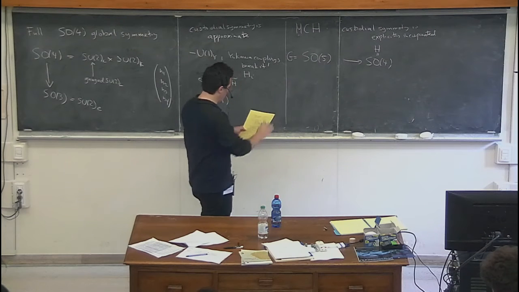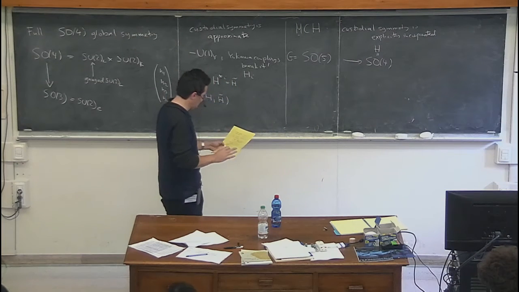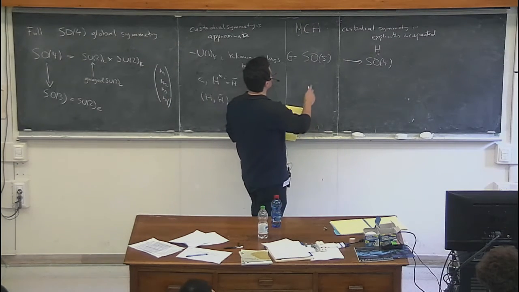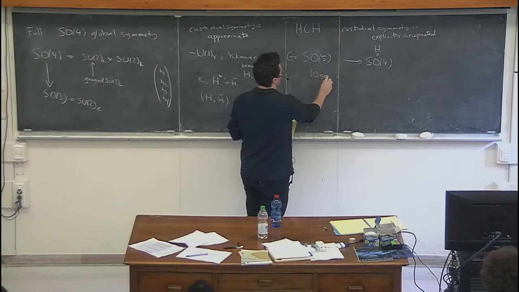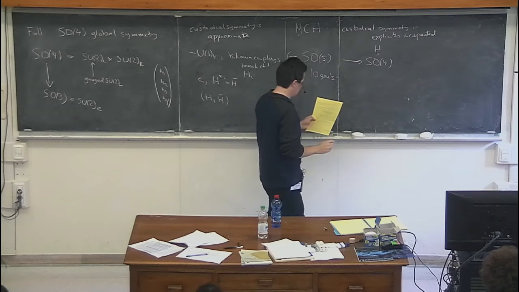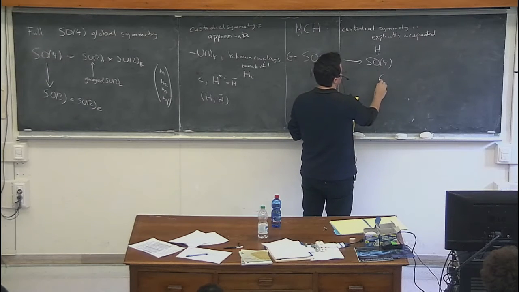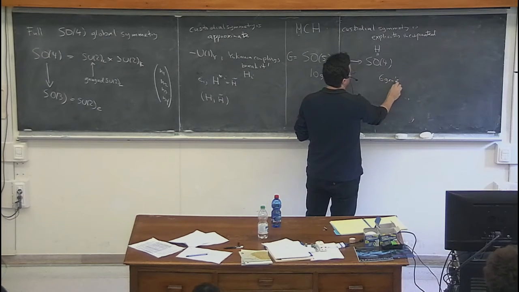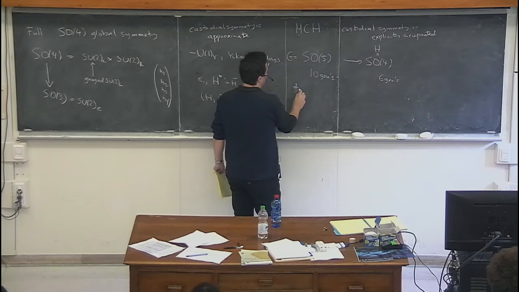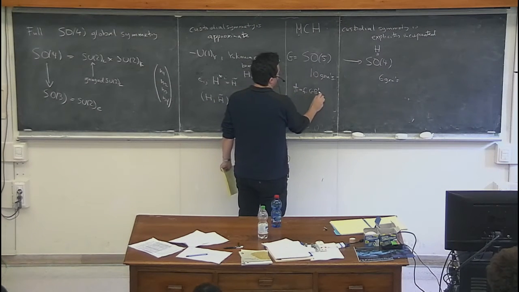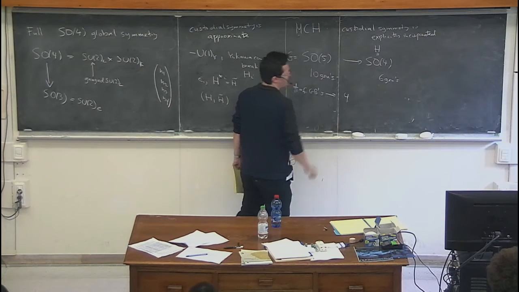All right, so let me go and give you the structure of this minimal composite Higgs model. Again, SO5 has 10 generators. Yes, SO4 has 6 generators. Yes, so the number of Goldstone bosons is 4.